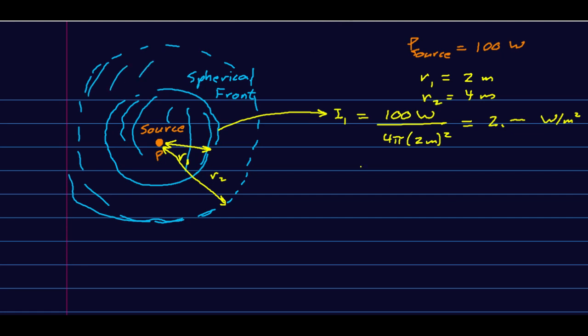And so I2, the intensity at that distance from the speaker, is going to be 100 watts over 4 pi, 4 meters squared. Note, that's going to be 1/4 of what we found here, or about 0.5 watts per square meter. And so this is what is referred to as a 1 over r squared drop-off.